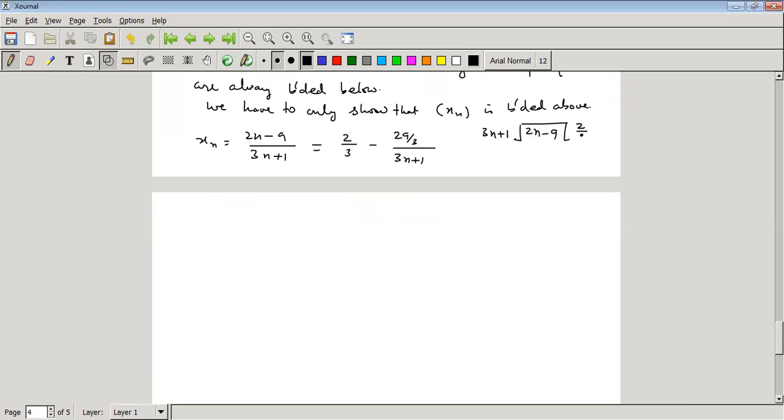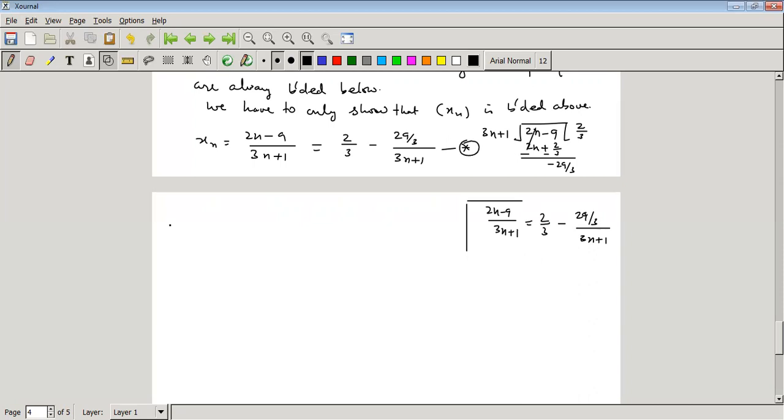We multiply by 2 by 3, we get 2n plus 2 by 3, and then we subtract, so we get minus 29 upon 3. So (2n minus 9) upon (3n plus 1) can be written as 2 by 3 minus (29 by 3) upon (3n plus 1). We use this concept to write this star equation.